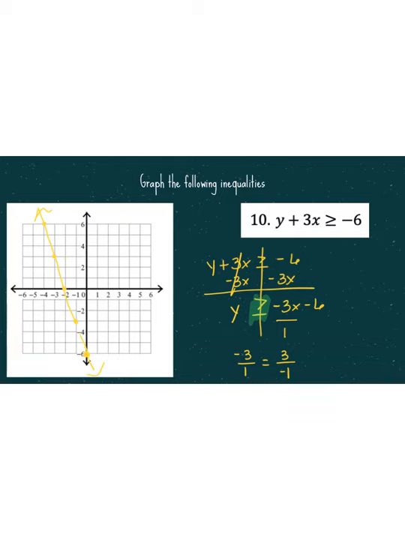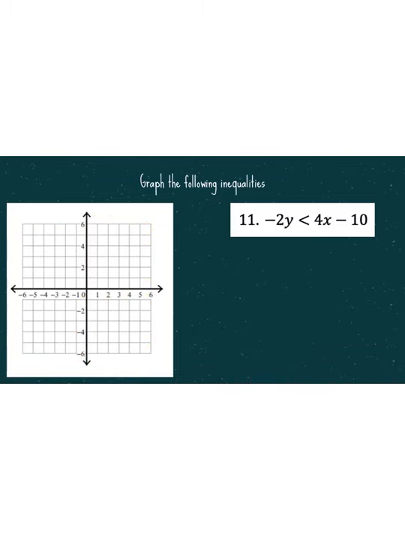Okay, it says y is greater, so I'm going to find a dot, and I'm going to pull up, because y is greater. So now I know I'm going to shade everything on that side. I'm just going to come over here, shade everything right there.